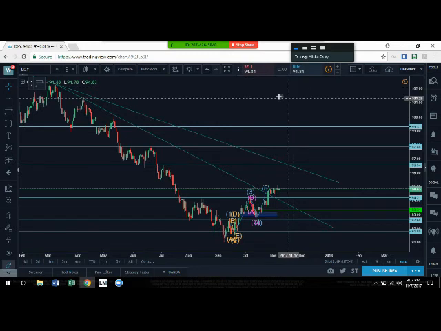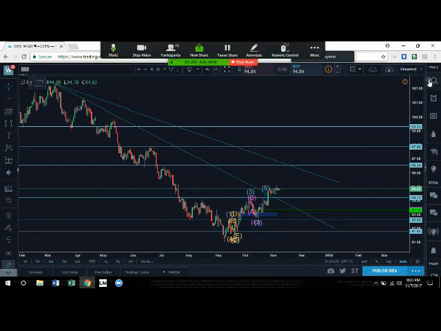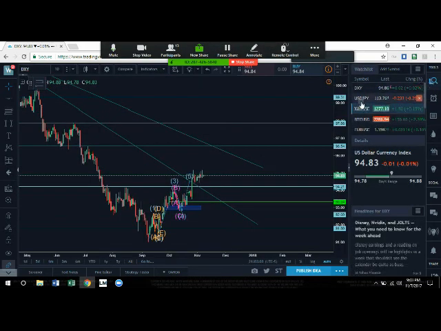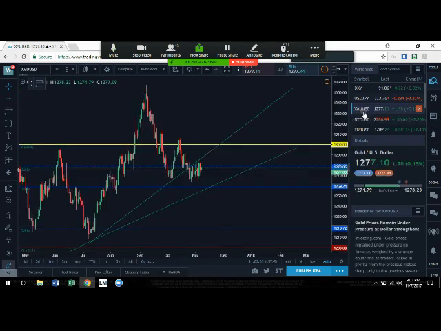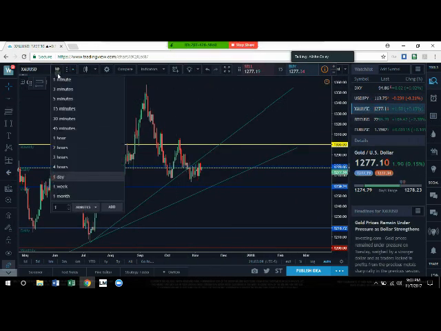I was in it in my real account, but I hurried up and closed out of it. My advice would be to just wait, because like I said, there's going to be a retest somewhere in this zone. There's always a retest.